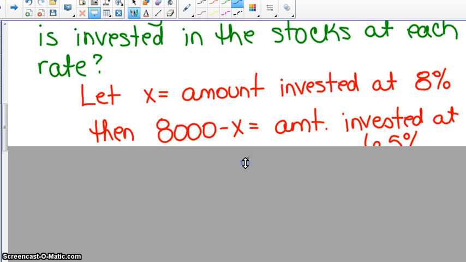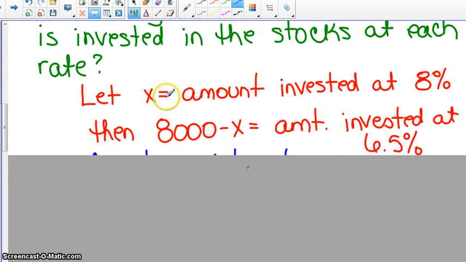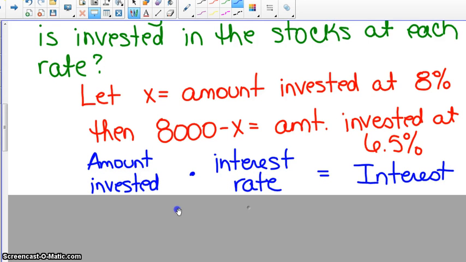If that's true, then the money that's left over of the 8,000 would be the part invested at 6.5%. We don't know what that is, and therefore we don't know what's invested in each, but we can definitely come up with some ideas based off of that.